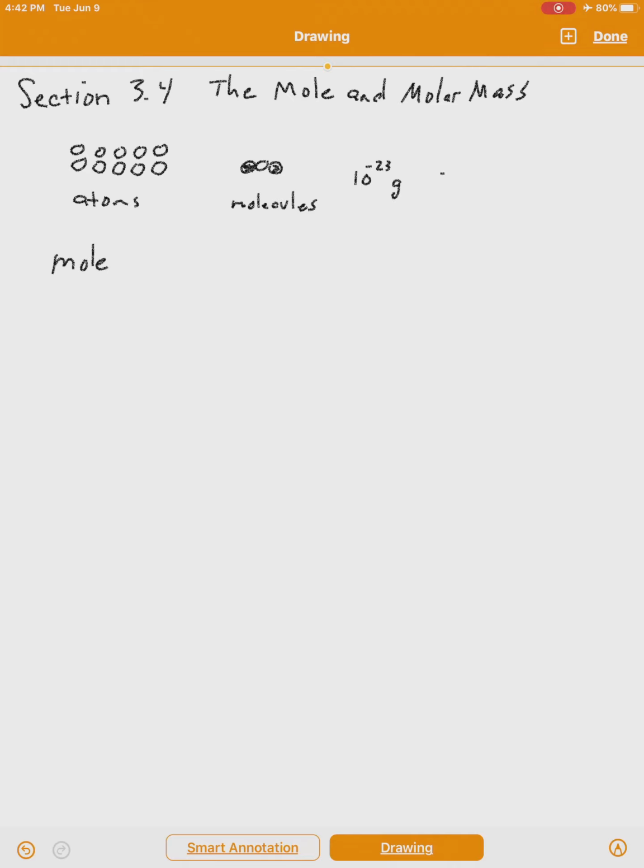M-O-L-E. Obviously the word is related to molecule, right? Or molecular, if you want to think of it that way. But a mole is not the same thing as a molecule. A molecule is one small particle, which is a combination of some number of atoms. A mole can be defined in different ways, but one way we define it is to say that if you have 12 grams exactly of carbon 12, okay?